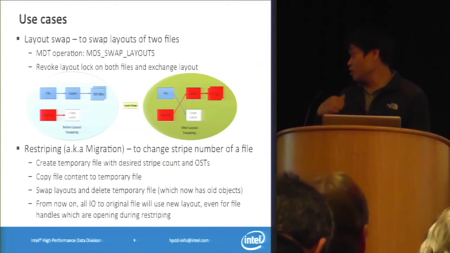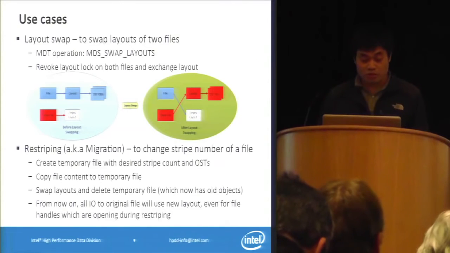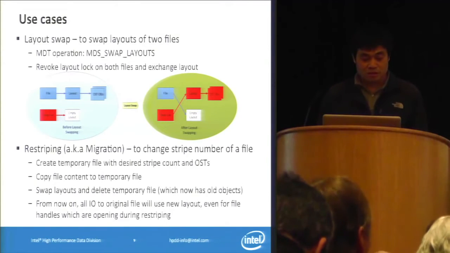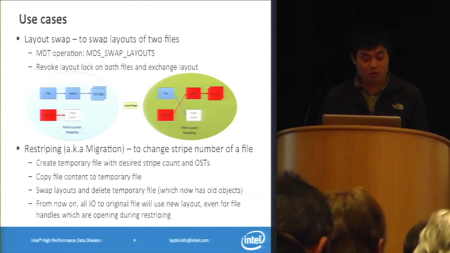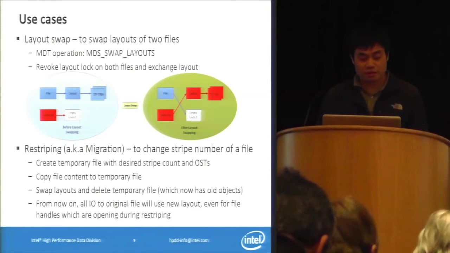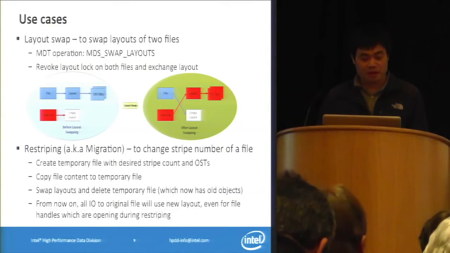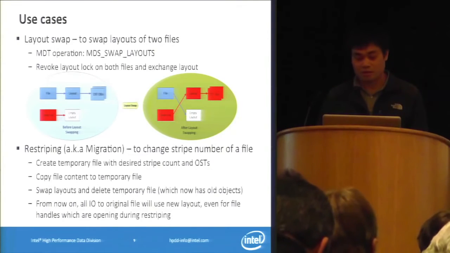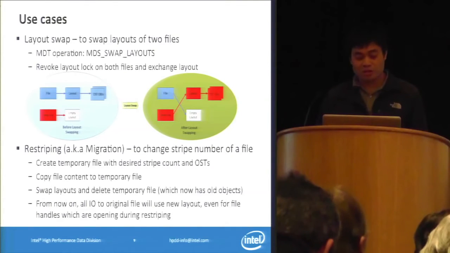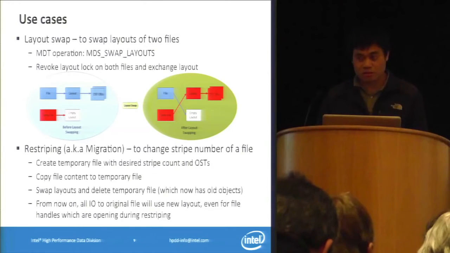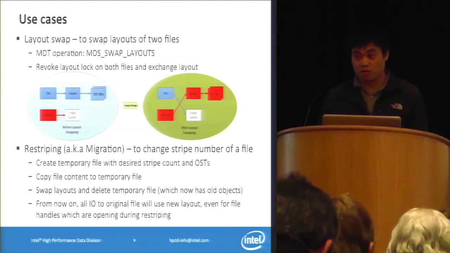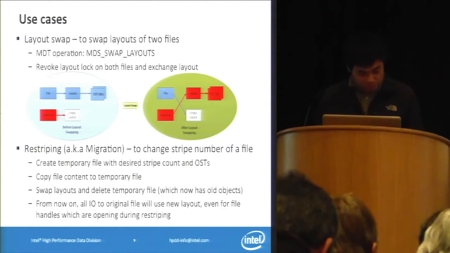And we need to use layout lock for this feature. So first, you create a temporary file with the desired stripe count and the desired OSTs. Then we copy the file content to the temporary file, swap the layout, and delete the temporary file so that the old objects will be deleted from the OSTs as well.